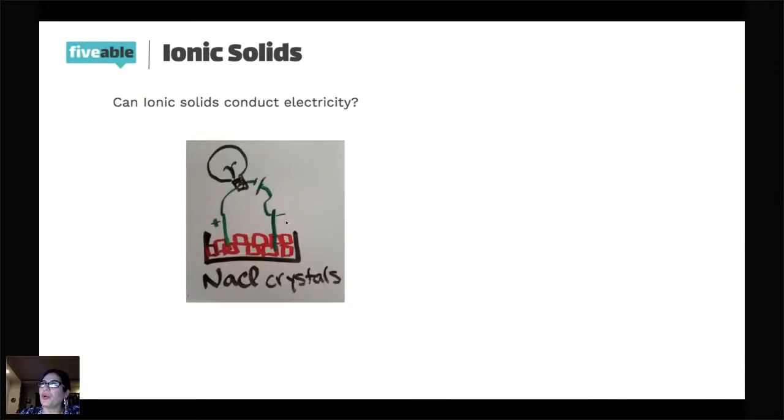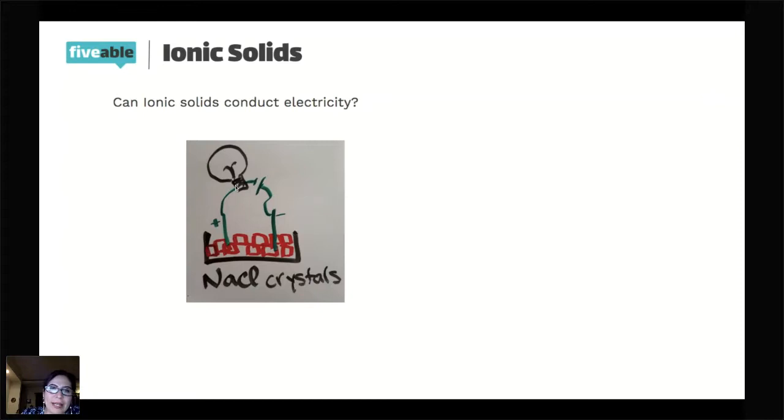Okay, so do you think ionic solids can conduct electricity? Imagine I draw here a beaker or just a plate with sodium chloride crystals. I draw here some electrodes and some wire, and of course you need a battery. If not, you won't be able to make the electrons move, and a light bulb.